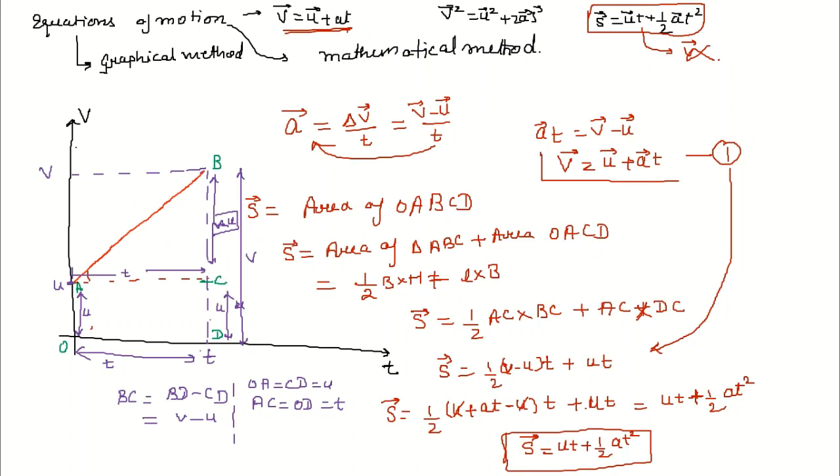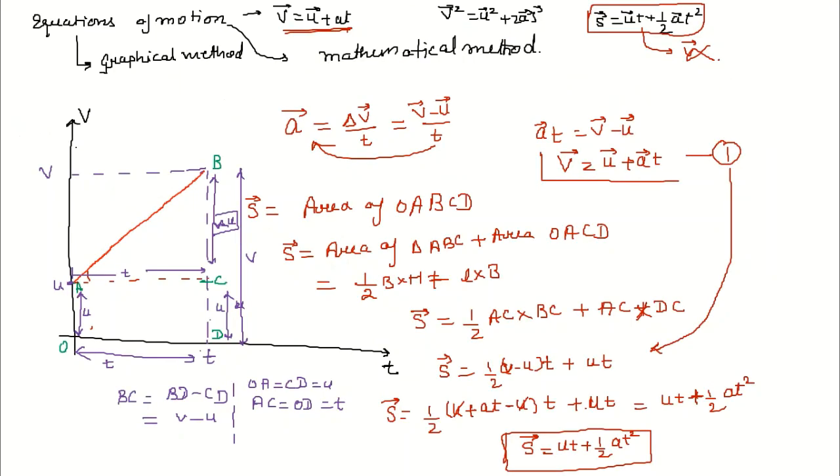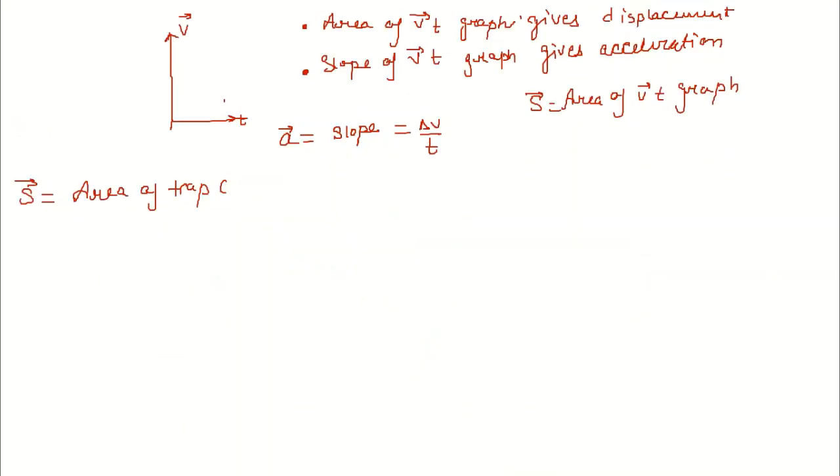Similarly, to derive the third equation, I'll take the area. Again I'll take s equal to area, but now in a different manner, the area of the trapezium. The trapezium is OABD, which is equal to half of the sum of parallel sides into height.